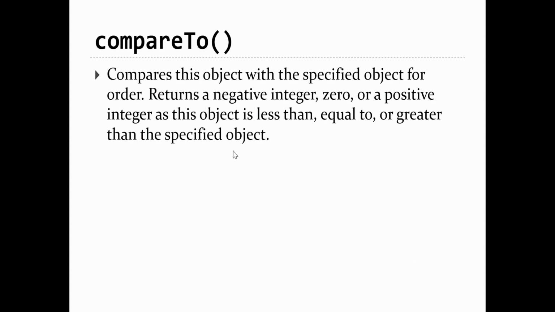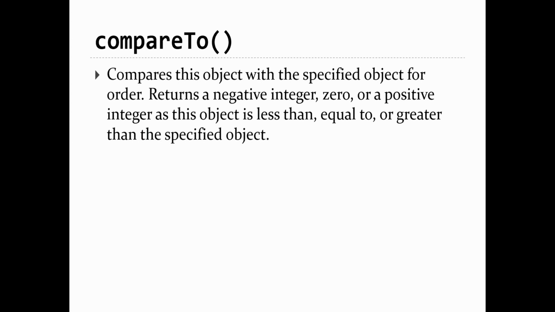So what does this compareTo method do? If you look at its documentation, it says it compares this object with the specified object for order. To use this method, you would write something like the following. I know, for example, String implements the Comparable interface.